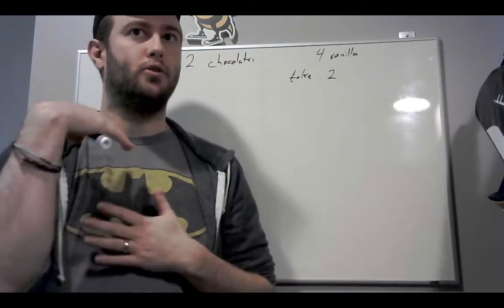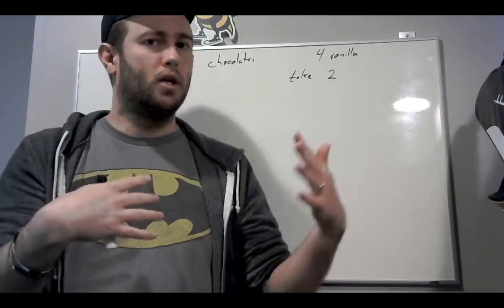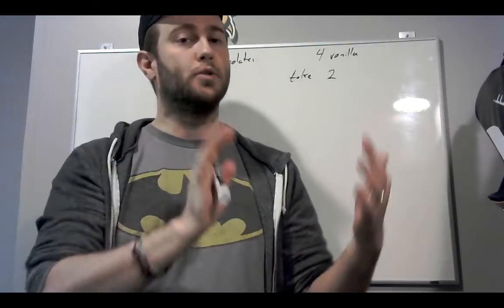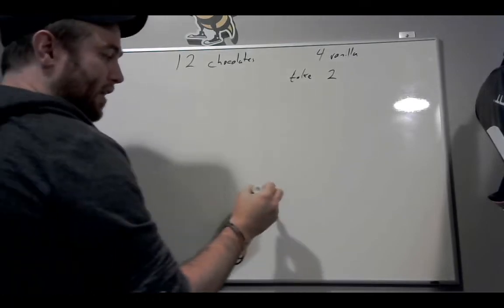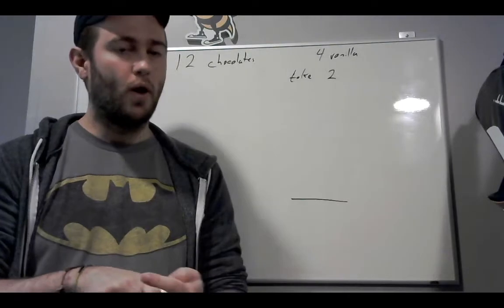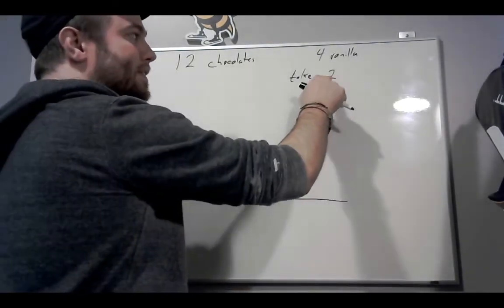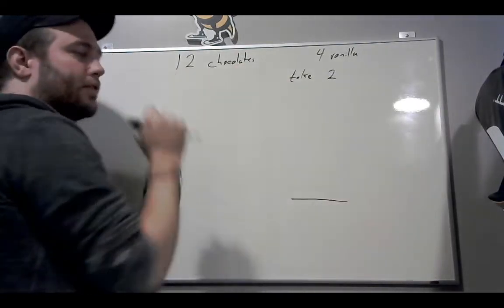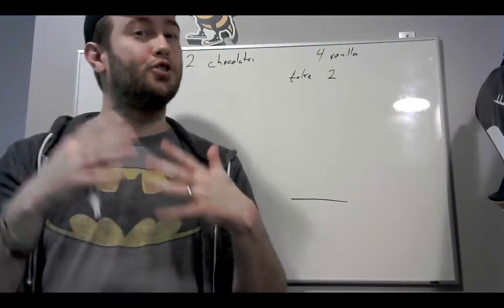I'm going to show it to you one way and then show it to you another way, and you can choose which one you are more comfortable using, which method. Alright, so first off, I need to try to figure out what my sample space is. I need to figure out what the total outcomes could possibly be. So I'm trying to take 2 chocolates out of these 12 chocolates. So of these 12, I'm trying to choose 2 of them.